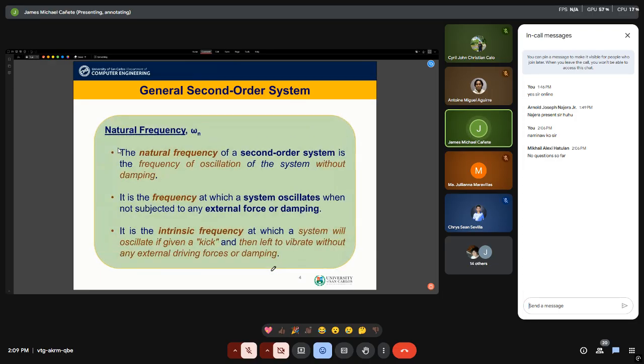So one of the concepts we need to understand is natural frequency, defined by omega sub n. Omega sub n is defined as the number of oscillations, or how many times the system will move back and forth, a repeating pattern.